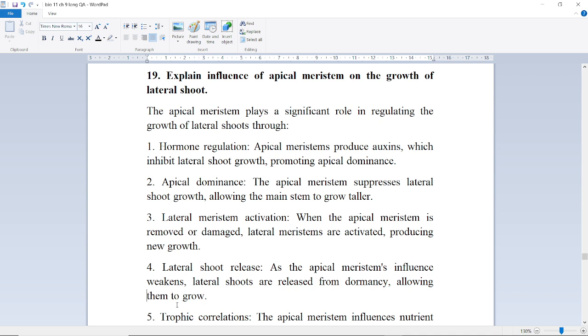Apical dominance. The apical meristem suppresses lateral shoot growth, allowing the meristem to grow taller. Lateral meristem activation. When the apical meristem is removed or damaged, lateral meristems are activated, producing new growth. Lateral shoot release. As the apical meristem's influence weakens, lateral shoots are released from dormancy, allowing them to grow.